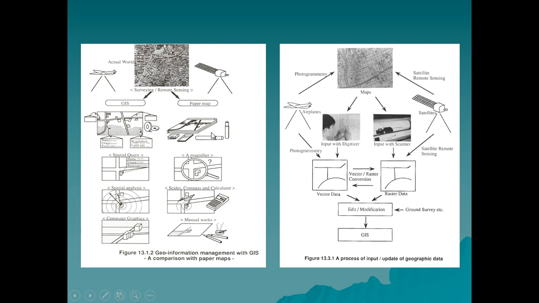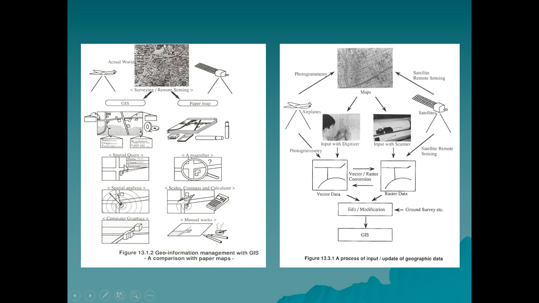Once that map has been created, a map is usually created in order to extract information. So what would normally have happened is that you would have to use your magnifying glass and what have you in order to actually see what's going on there. Then you'd have to use instruments such as a compass, calculator, etc. to derive information such as distances, areas, etc. Now you all have had experience in the lab, so you would have seen some examples of how some of this is done in ArcGIS, and everything is automated for you in a digital environment.